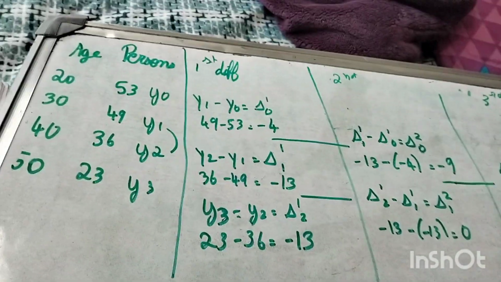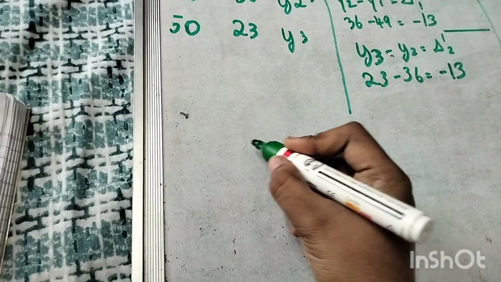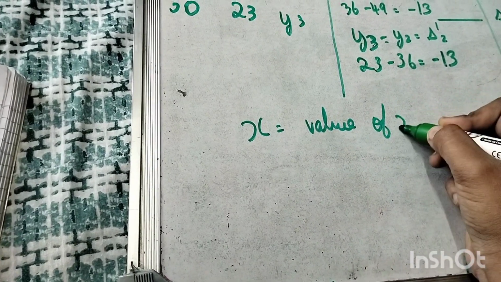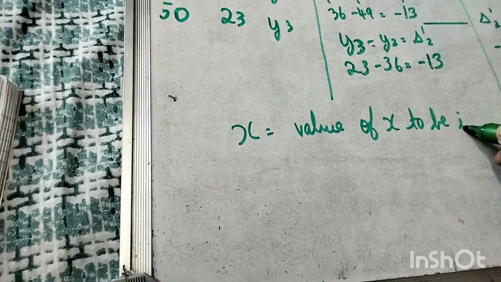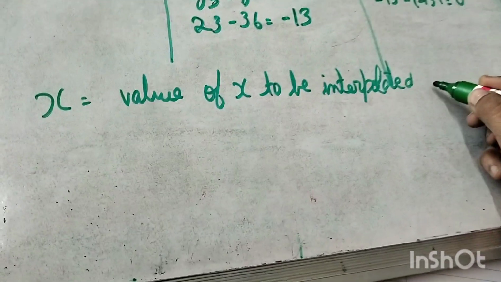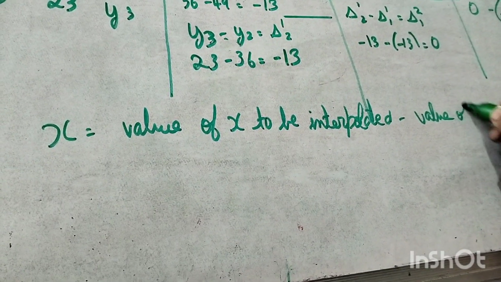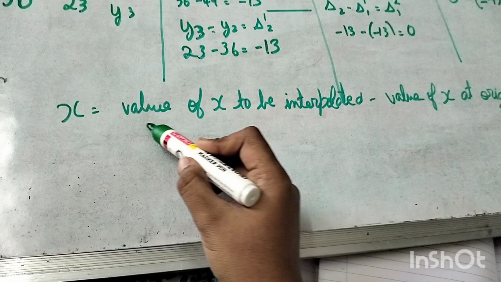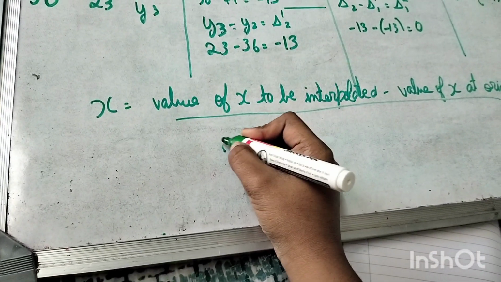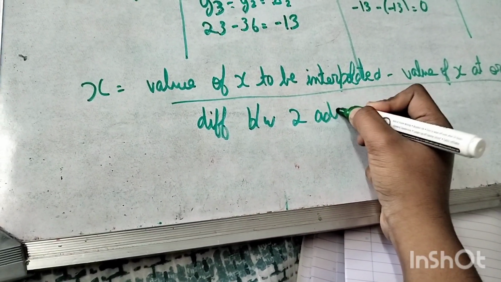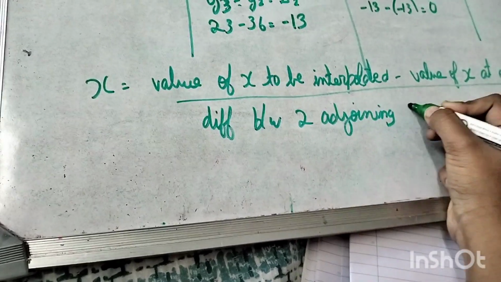Okay, next you write the formula for x, that's the value of x to be interpolated minus the value of x at origin, divided by the difference between two adjoining values of x.